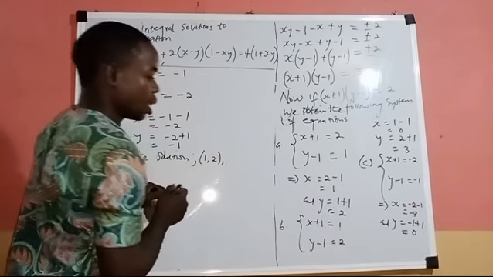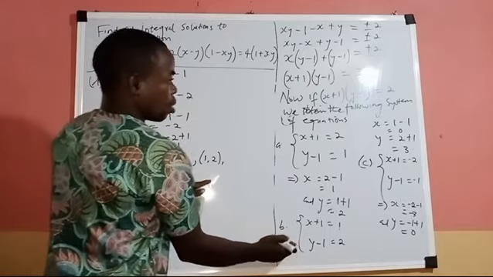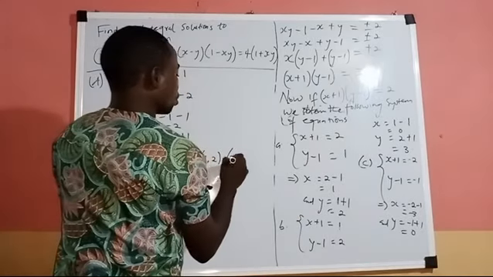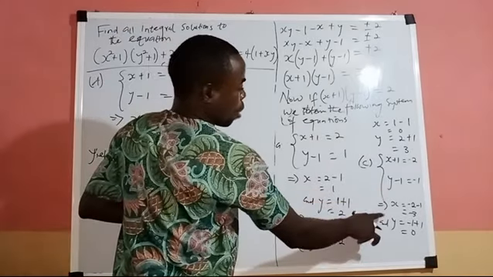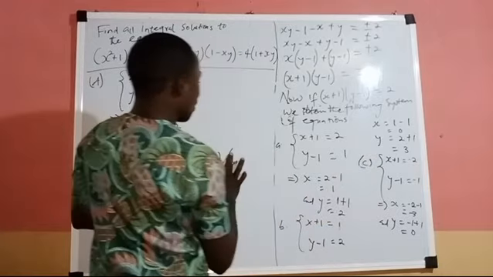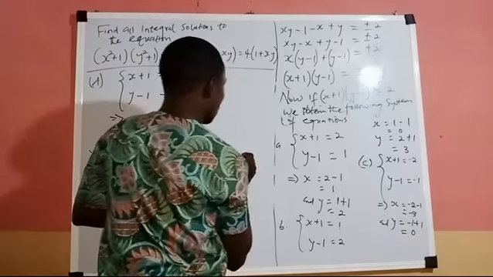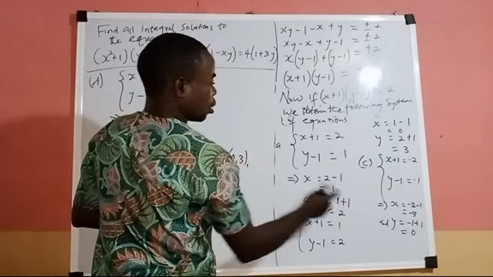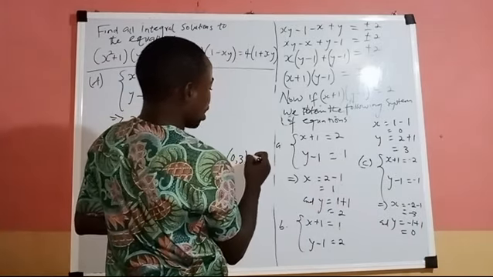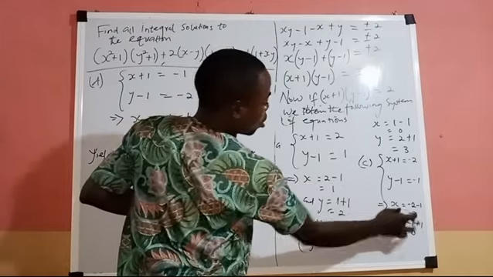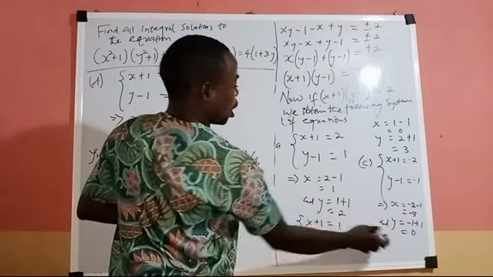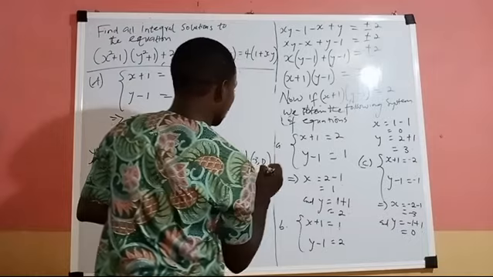So that is the first set of solutions. And then for B, we are having that our x is equal to 0, and then our y is equal to 3. And then for C, we are having that our x is equal to minus 3, and then our y is equal to 0.